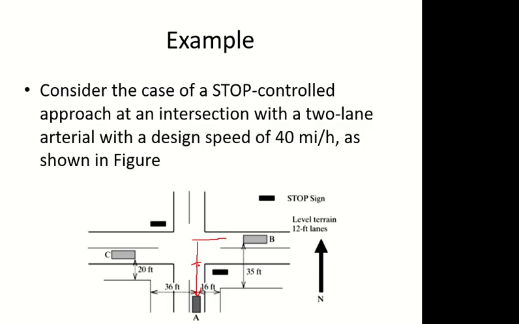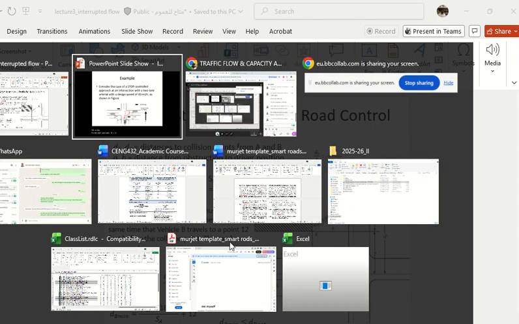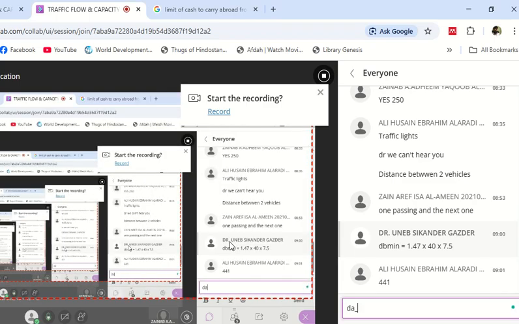So from here to here, this lane is 12 feet, so from the center line 6 feet, this much is 6, then this much is 12, and then behind the curb line 18 feet more. So dA for the right hand side is 18 plus 12 plus 6, which is 36 feet.